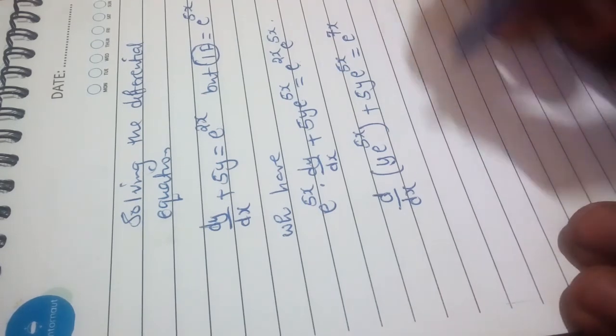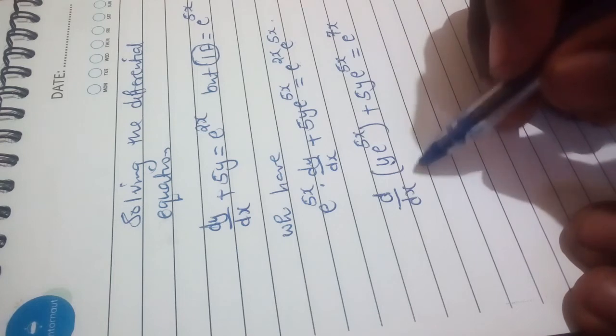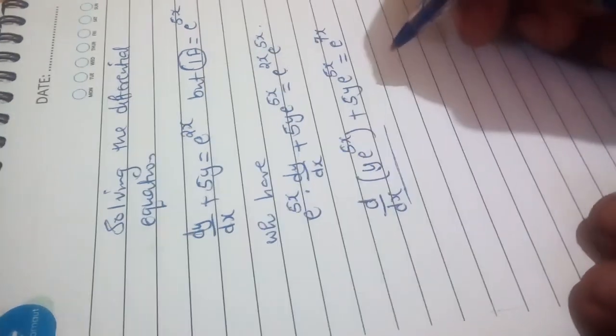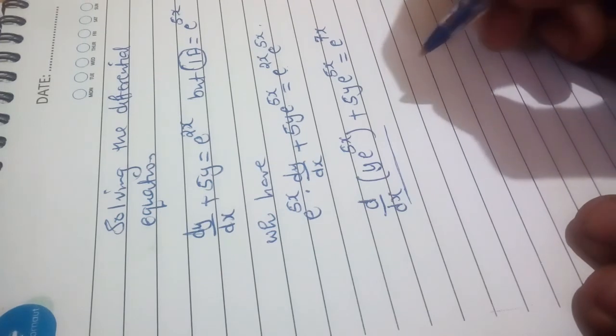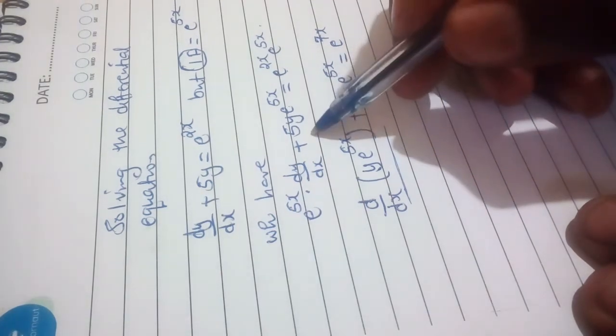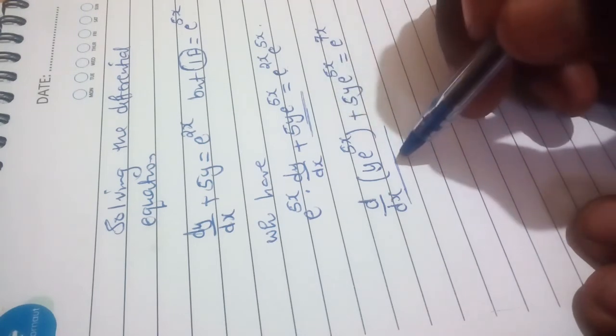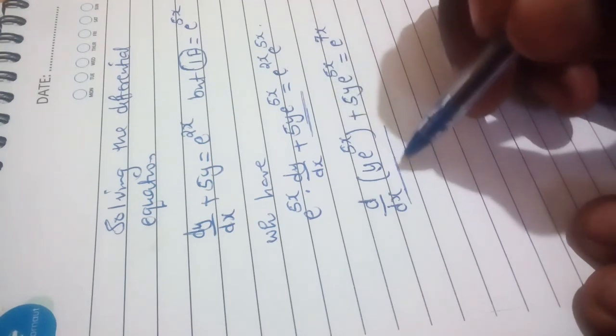From there, differentiating this one, it follows what we call the chain rule.